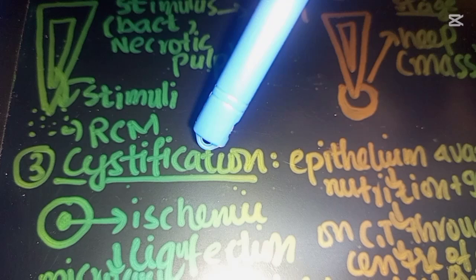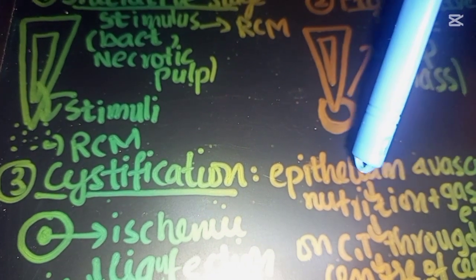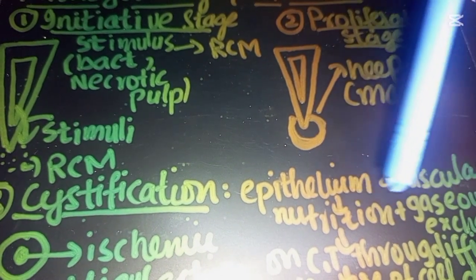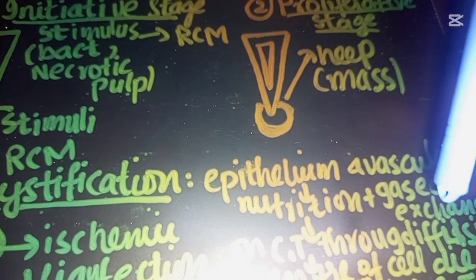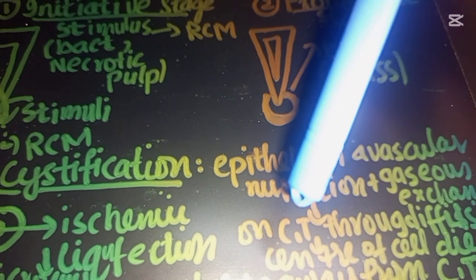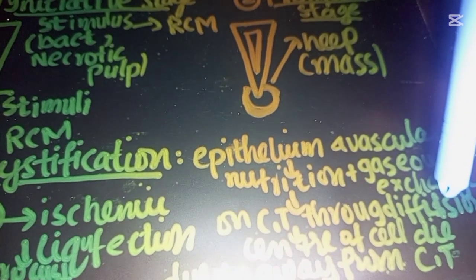How is it going now? It is surrounded by the epithelium. This epithelium is avascular, as we know. So the nutrition, gaseous exchange and metabolic exchange occur through the connective tissue by the diffusion process.